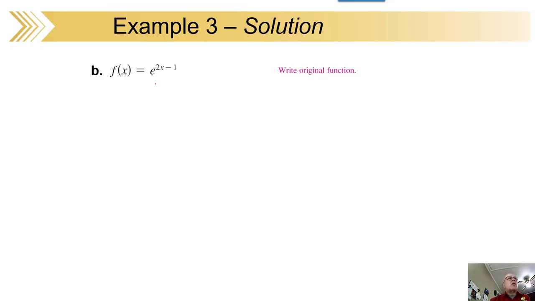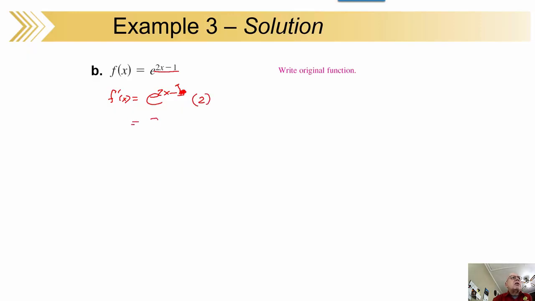Next one. Okay, it's not just x this time. So here's our f of x. We want the derivative. And the derivative, we just write the same thing. Just copy that. 2x minus 1. And then the derivative of the inside function, which in this case is 2.